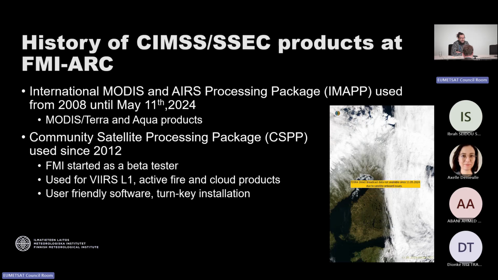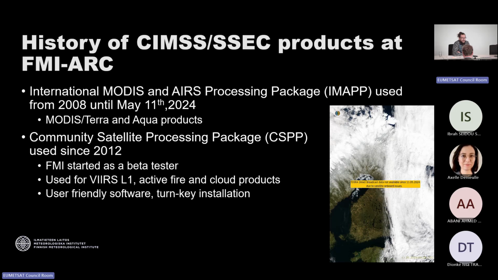That was the day when the Terra direct broadcast finally died or was shut down and wasn't recovered anymore. But since 2012, we have been using the CSPP, and we started as a beta tester. Thanks to the CSPP people, we were able to get the software a little bit earlier than other people, and we were able to test that.